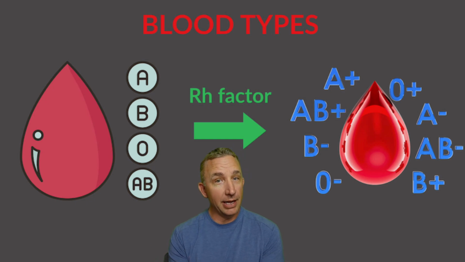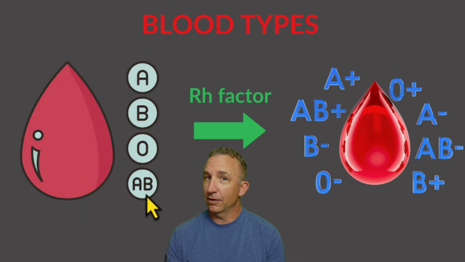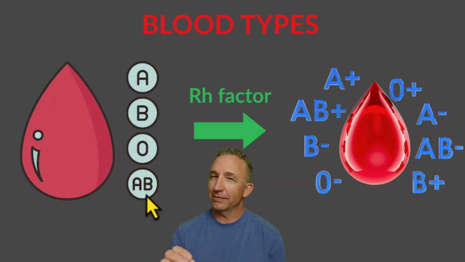But then we combine them, and we say AB has neither anti-A nor anti-B, because it has both A and B antigens. As we describe, they can be a little confusing. A has A antigens on it. B has B antigens, and AB has both A and B antigens.